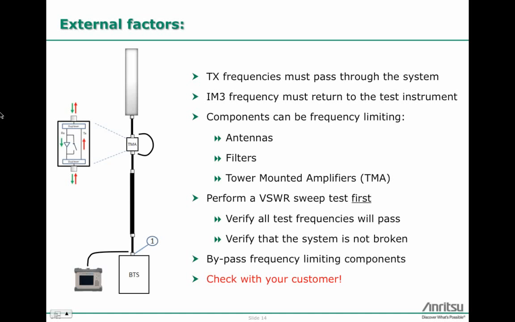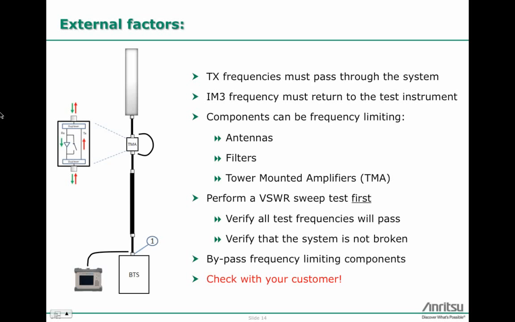So in the example above, let's say the TMA, for whatever reason, passed one of the transmit frequencies but blocked the second. It means that we could measure PIM all the way up to the point inside that TMA where the blockage occurred. But beyond that, where only one transmit tone is passing, we may cause arcing, but we're not going to be able to excite the nonlinear junctions because we're only transmitting one frequency at that point.